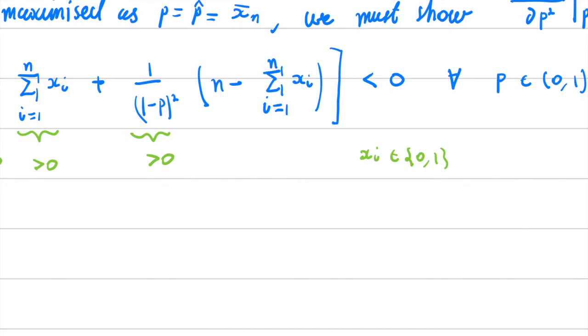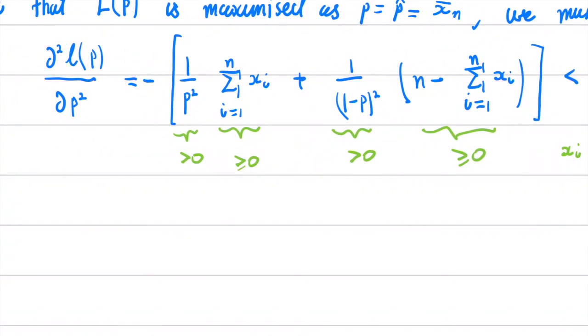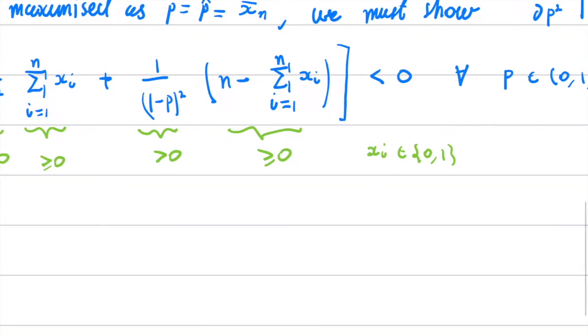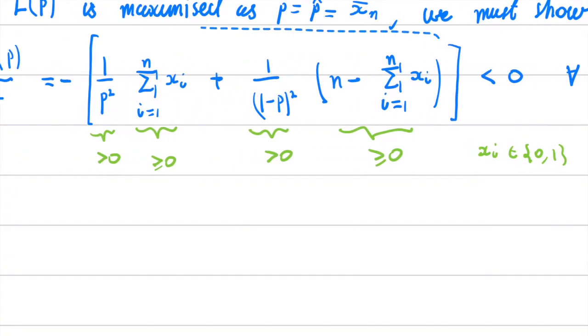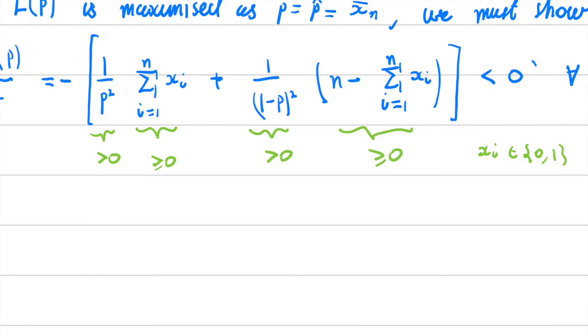So for argument's sake, I'm going to say that at least one of them wasn't 0, and so I can claim that this is greater than or equal to 0, because technically I could get a bunch of zeros. So together, that means this whole thing here is greater than 0, but we're taking a negative, so it's less than 0.